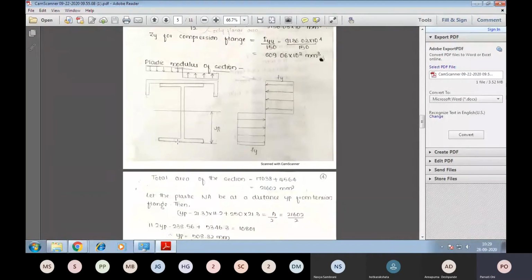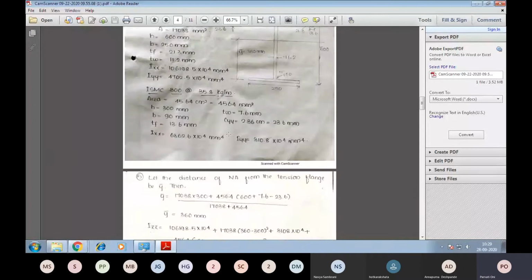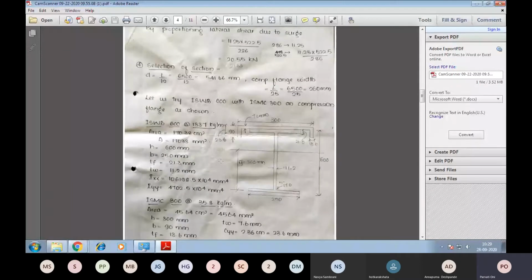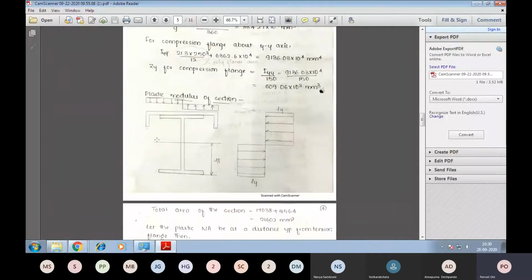If you look into this elastic figure, when the section is in elastic limit, we have calculated the centroid, that is y bar. In the similar way let us assume the plastic neutral axis is at a distance of yp from the bottom fiber, from the bottom flange.